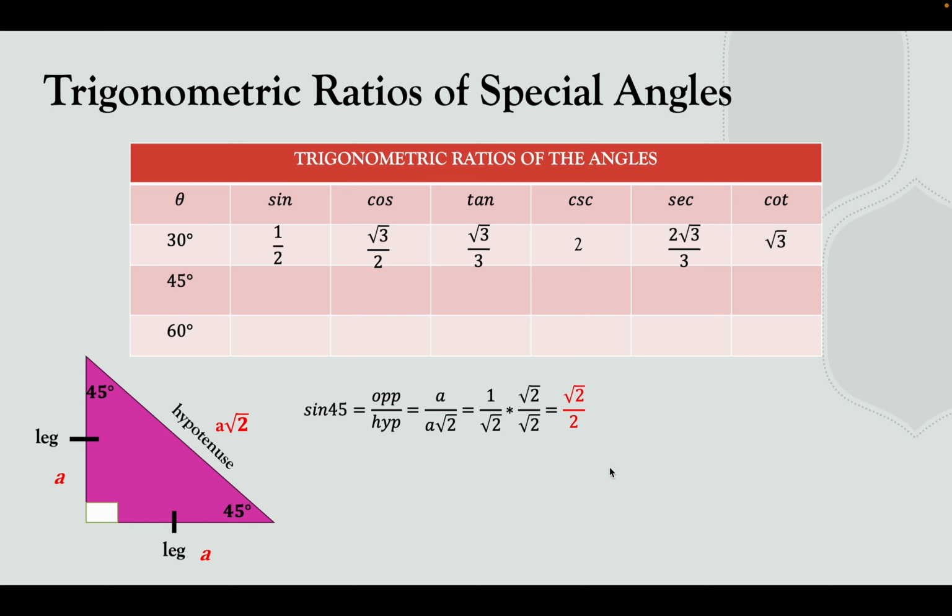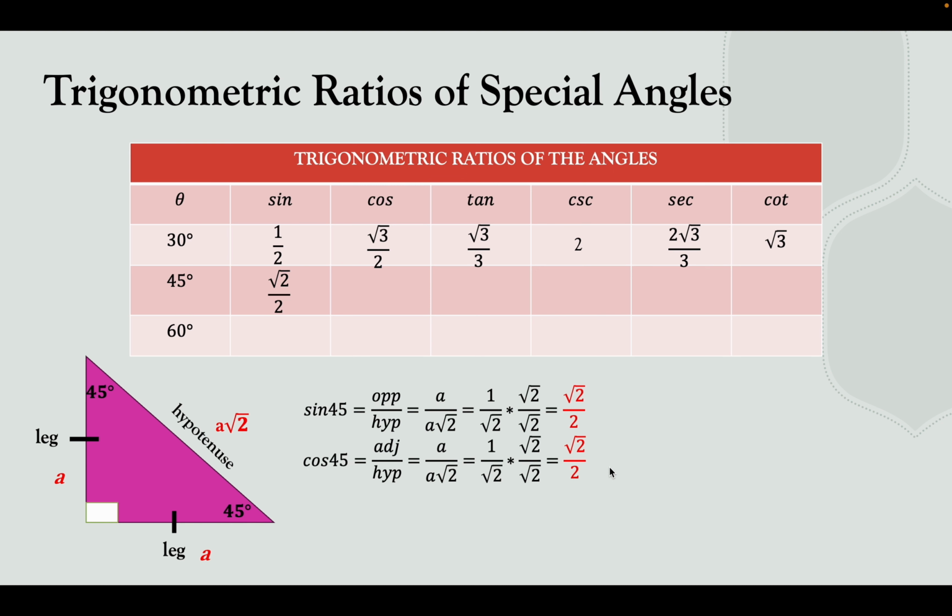Since we have a radical in the denominator, you simplify first. So we have a divided by a, we have 1 over square root of 2, and multiply both numerator and denominator by square root of 2 by rationalization. So 1 times square root of 2, we have square root of 2. Then square root of 2 times square root of 2, we have square root of 4. What is square root of 4? We have 2. So we have square root of 2 over 2.